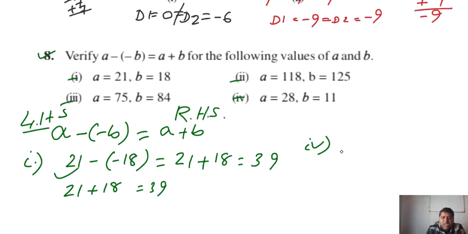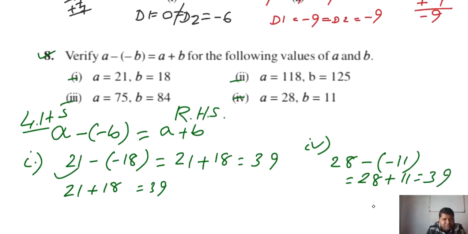Number 4: A equals 28, minus of minus 11, that means 28 plus 11, that means 39. On the right hand side, 28 plus 11 is also 39.